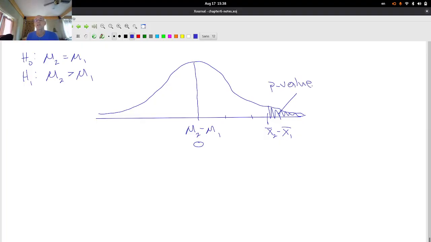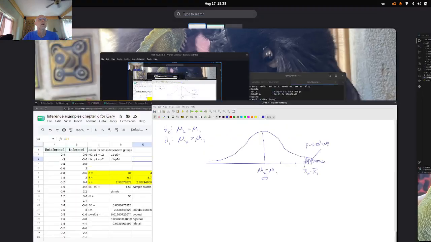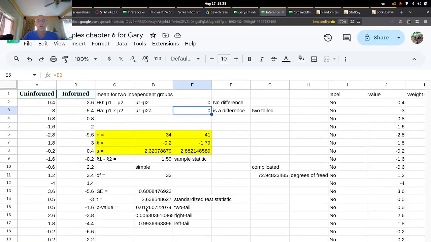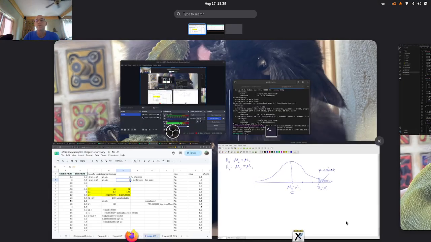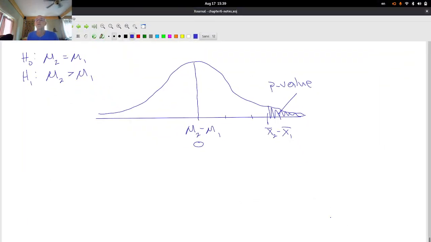And I didn't look at that. Let's see what my p-value is. P-value for a right tail test is 0.0063. Well, that's a pretty small p-value. That is definitely less than the standard significance level alpha of 5%.